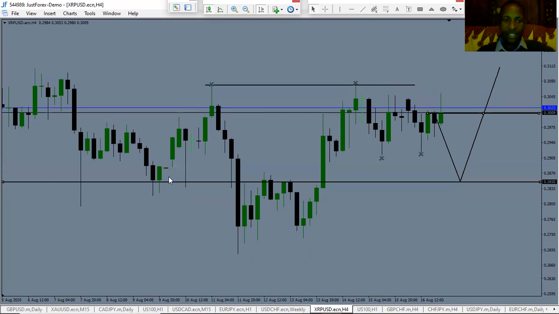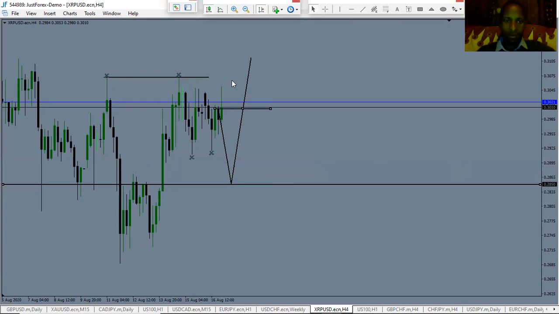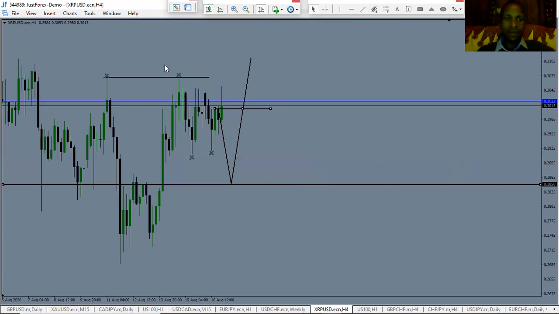So for a safe zone, in order to inject long positions, let's just wait for these equal highs to be raided off. Then it's where we can see where exactly the market is going. But then remember, the history repeats itself.